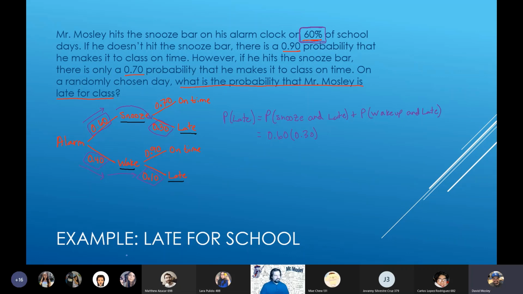So I multiply those two things together. Over here we have 0.4 times 0.10.